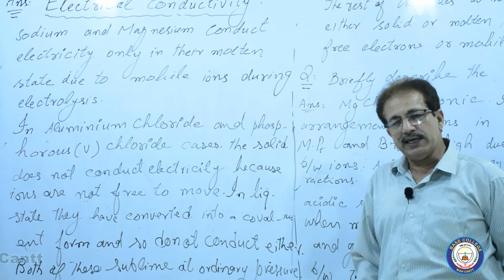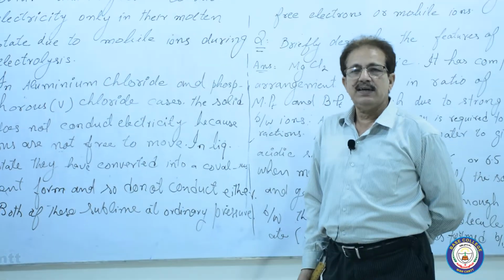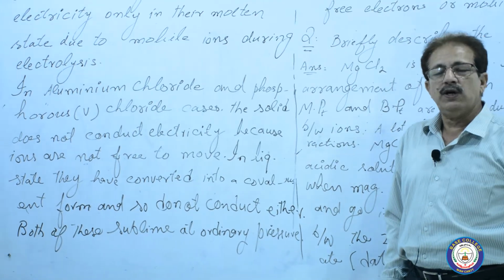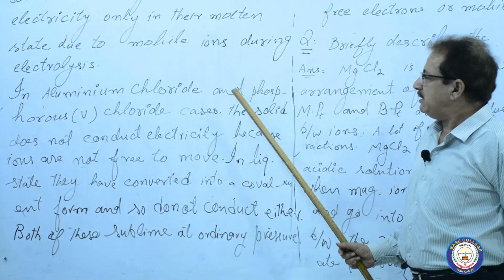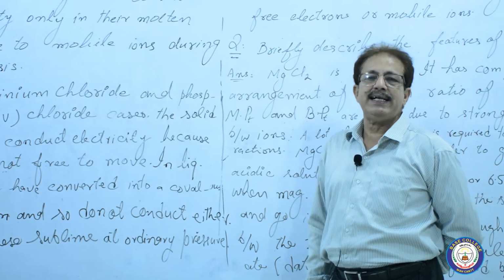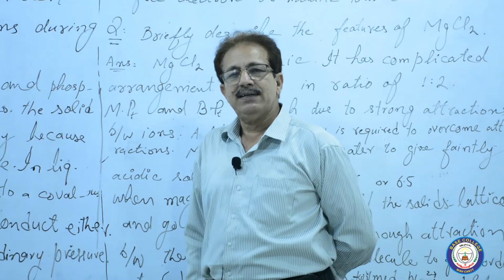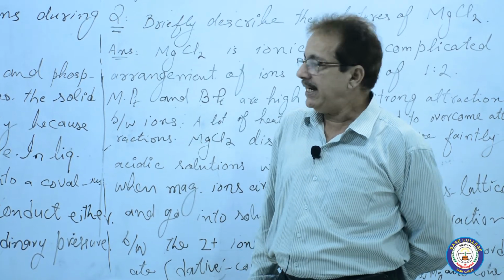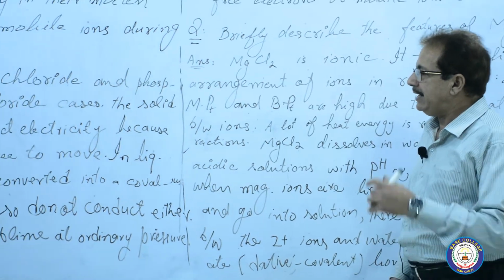Whether they are in solid form or liquid, there are no mobile electrons, no ions free to move. That's why aluminium chloride and phosphorus pentachloride never conduct electricity. Sometimes you will see the words written poorly conductor, very poor conductivity. But here I am telling you, they do not conduct.